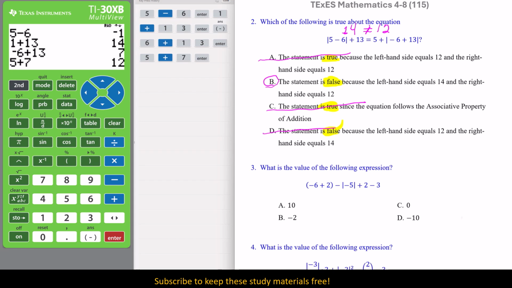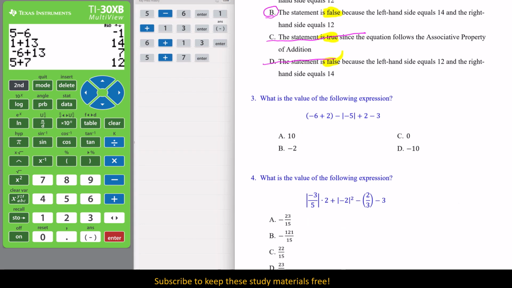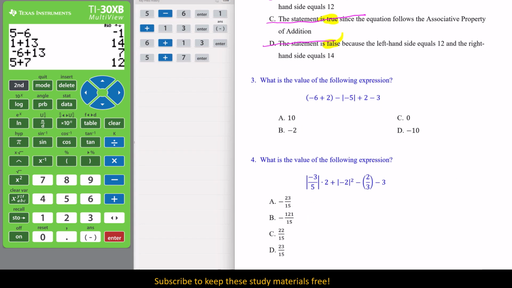Let's look at number 3, and it says, what is the value of the following expression? Everything here can be typed in the way it is, except for our absolute value. As we stated before, absolute value doesn't exist on this particular family of calculators.